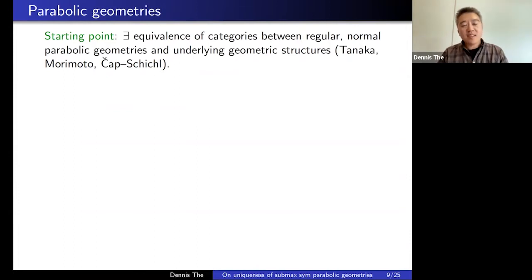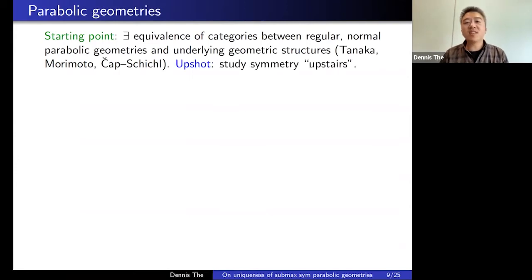So for me, the starting point is to use what I call the fundamental theorem of parabolic geometries, that there exists an equivalence of categories between regular normal parabolic geometries and underlying geometric structures. Okay, so well-known, beautiful result due to Tanaka, Morimoto, Chap, and Schichl. Okay, so the upshot is I want to study symmetry upstairs, where things become much more uniform.